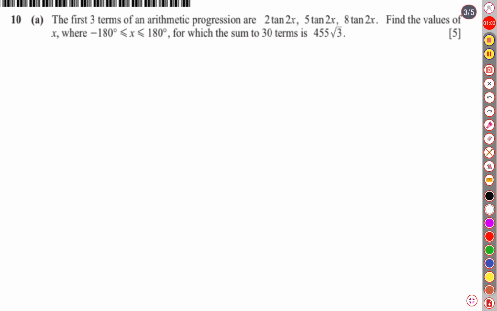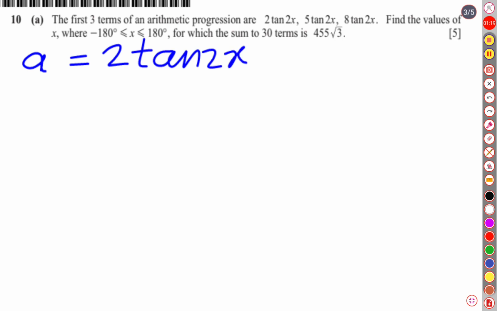So let's write that this is an arithmetic progression for which the first term a is equal to 2 tan 2x. Then we know for an arithmetic progression we find the common difference.